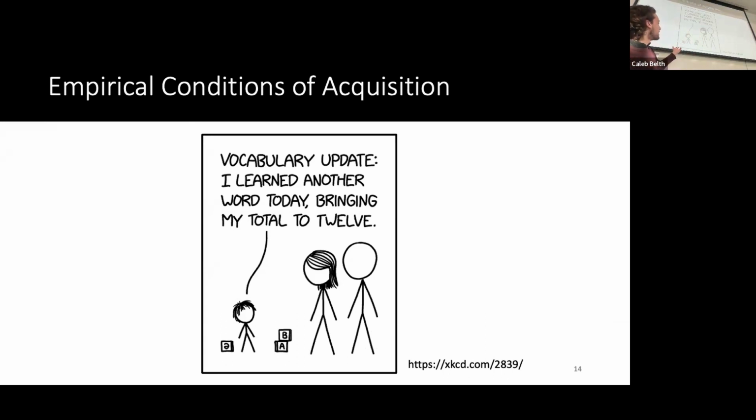Of course, this is hyperbole, but I think there's an element of truth here in that because of the sparsity of the input, the productivity of the linguistic system children develop far outpaces the input, though this is an exaggeration at that point.